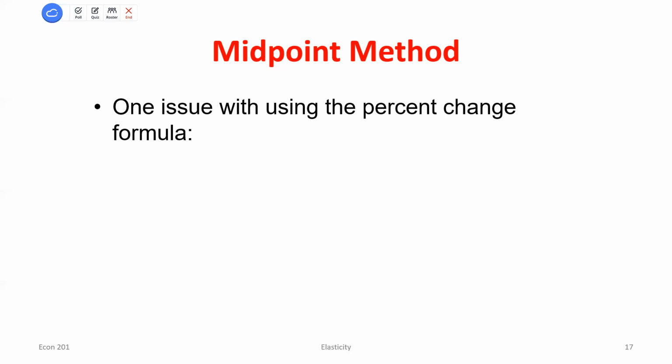It's the same movement on my demand curve. What percent change in price was that? Negative 50%, right? So we've got an issue. It depends on where I start and on the direction I'm moving, up or down, even if it's between the same two values.